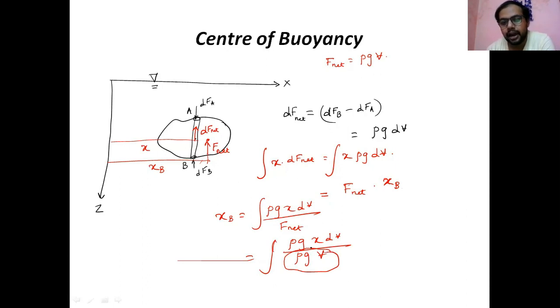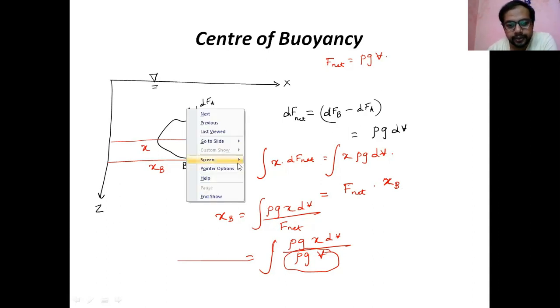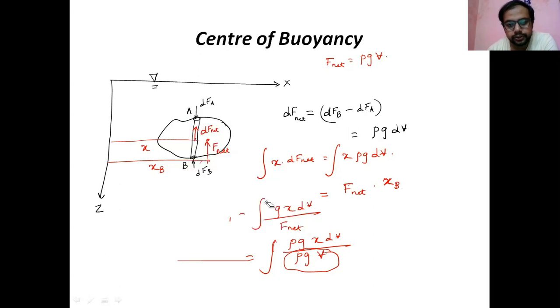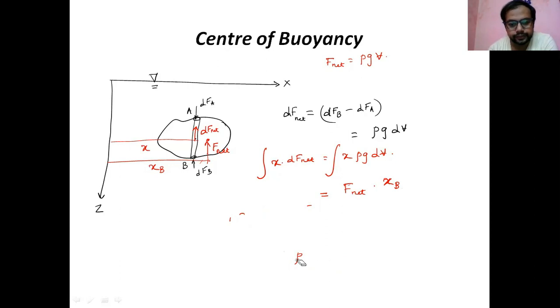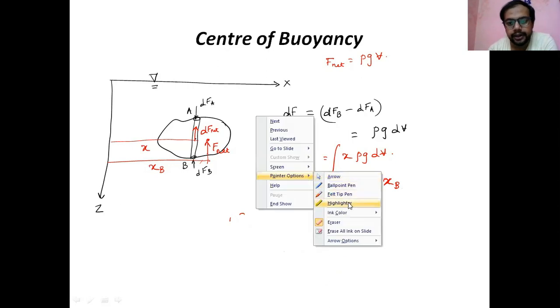So better to rewrite this one more time, because otherwise a logarithm term will come, but it will not appear. So no log term will come here. We rewrite this equation for XB in this way.